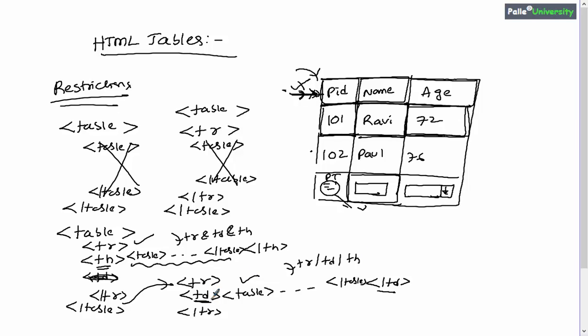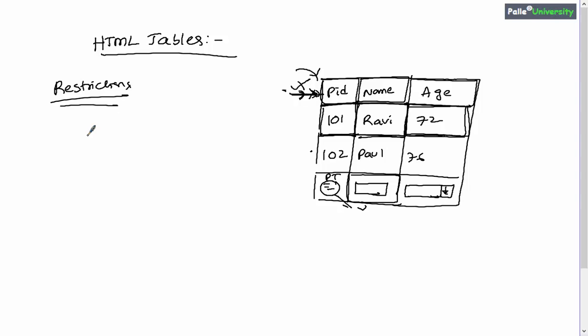And apart from all these things, there is one more rule. Let me explain the third rule. The next rule is about the total number of cells which are allowed inside the TRs of a given table. You assume that I am having a table something like this and which is having two TRs something like this.